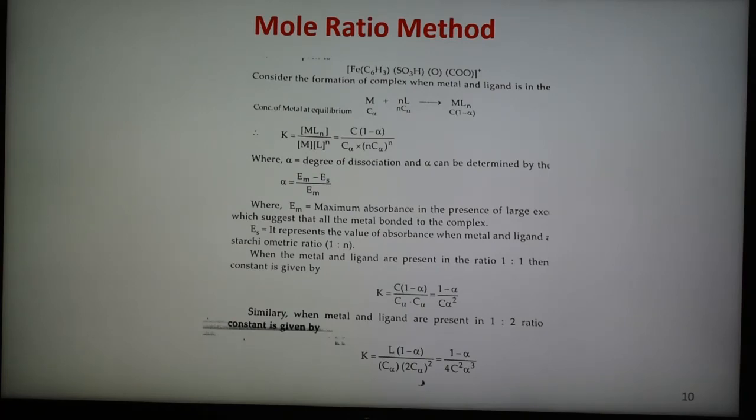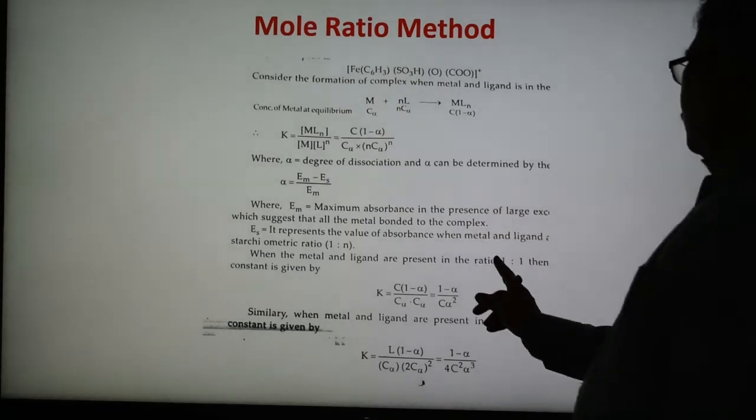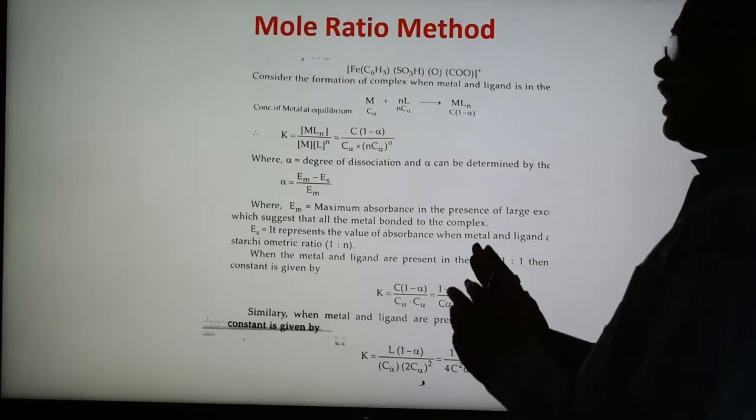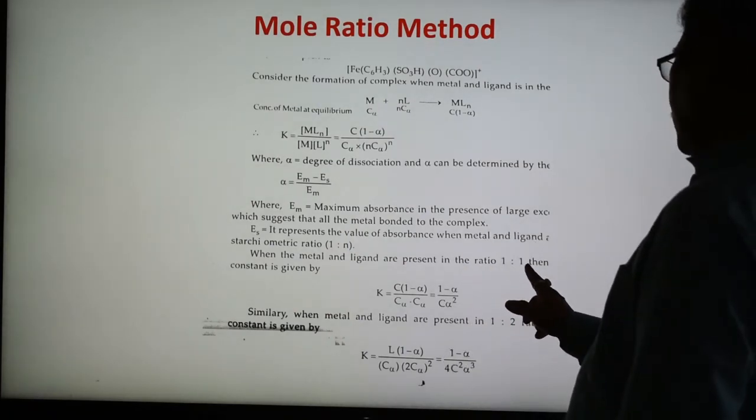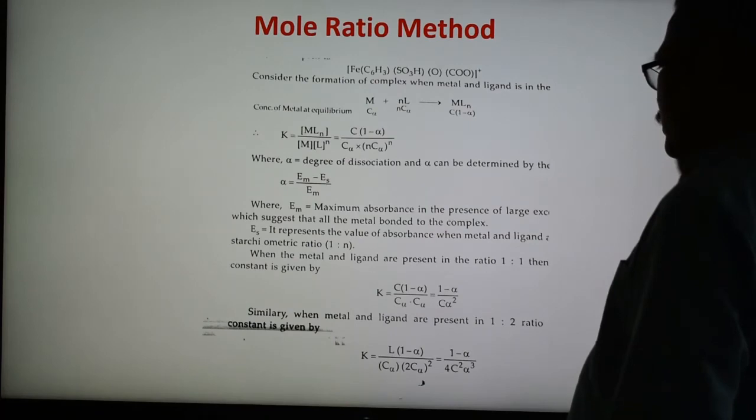Es represents the value of absorbance when the metal and ligand are present in the stoichiometric ratio 1:n. When the metal and ligand are present in the ratio 1:1, then the stability constant is given for the 1:1 complex.